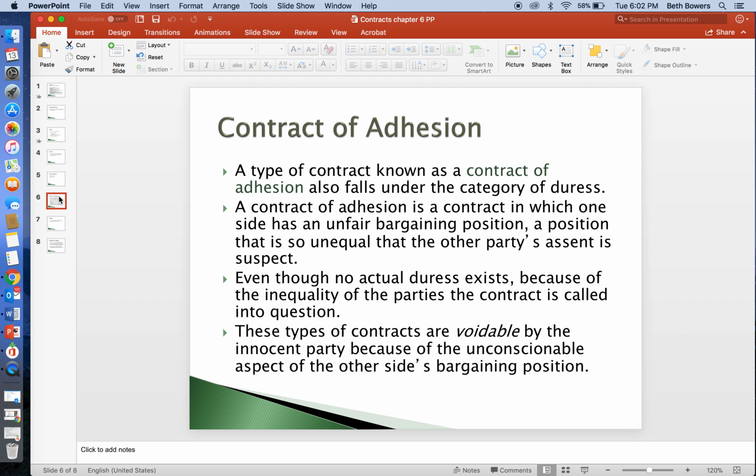So he enticed her under also somewhat false circumstances, but he used his unfair power and his reputation and his knowledge and his expertise to induce her into entering into this contract for the advanced course. So this would be a contract of adhesion. Okay. So again, let me know if you have any questions about contracts of adhesion.